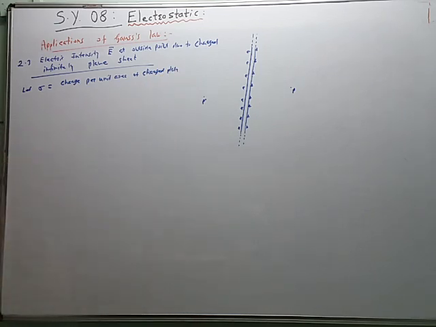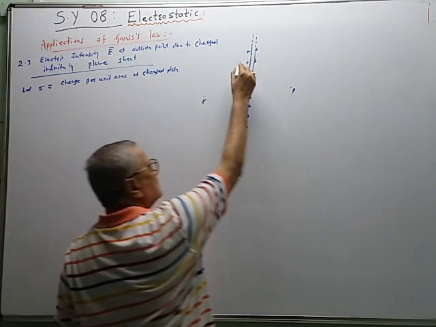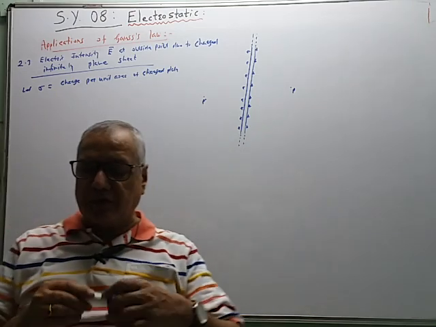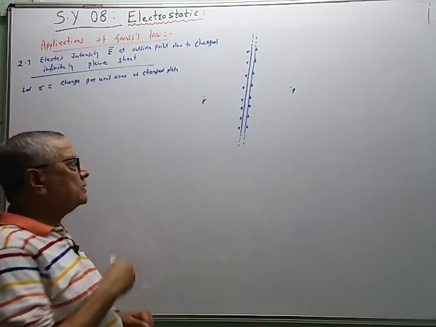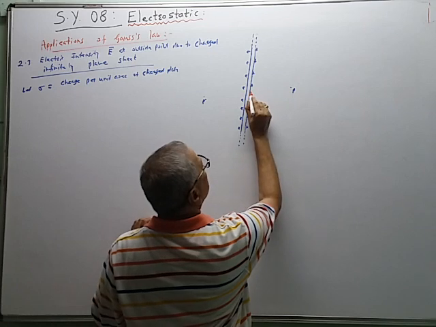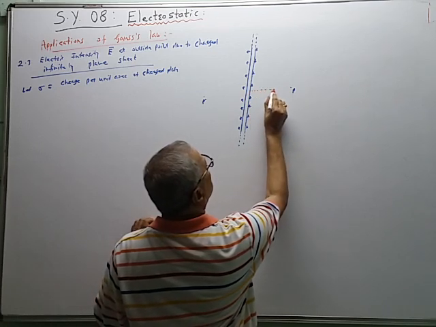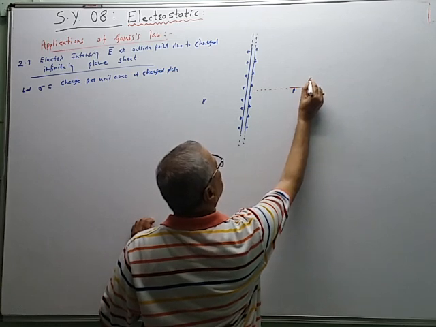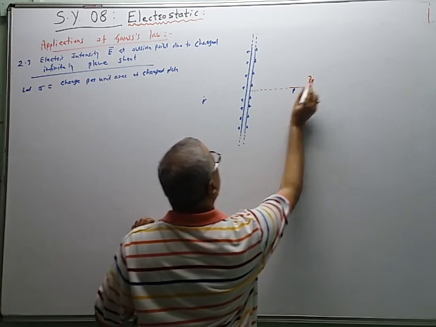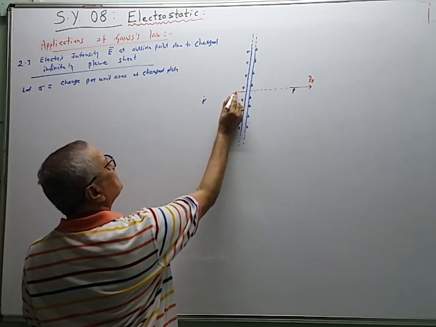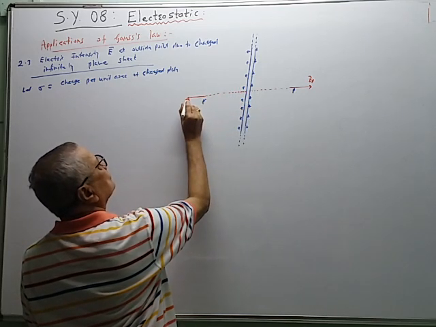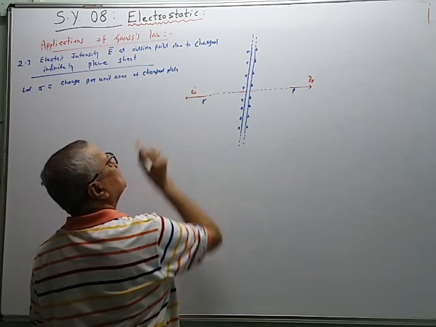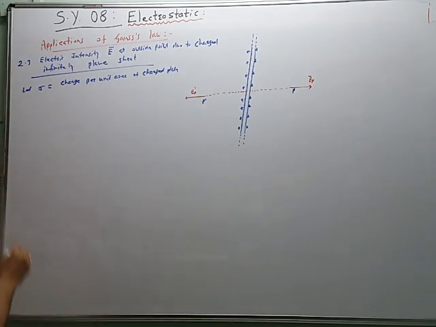We have to determine the value of E at P. Charges are stationary, therefore intensity is directed normally away. As long as charges are stationary, intensity is directed normally away. So at point P, intensity is normally away, and at point P dash, the intensity is directed normally away, like this.